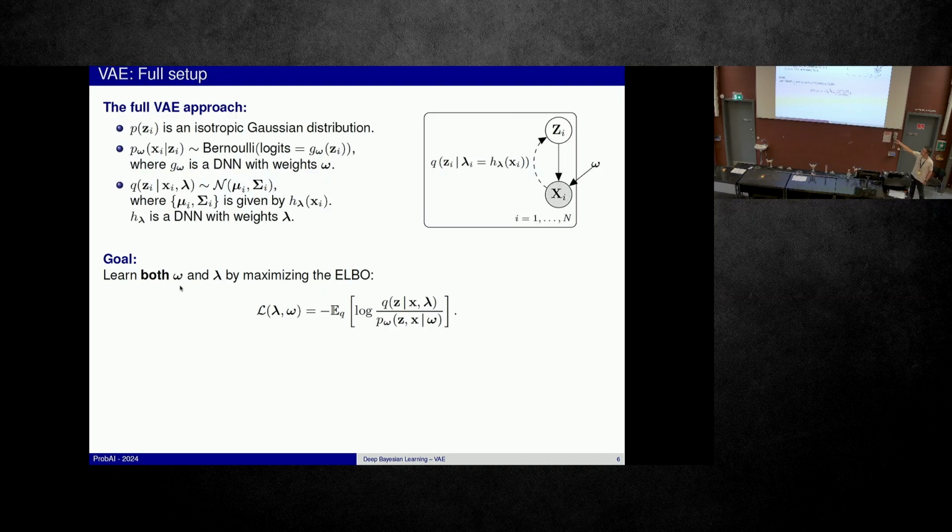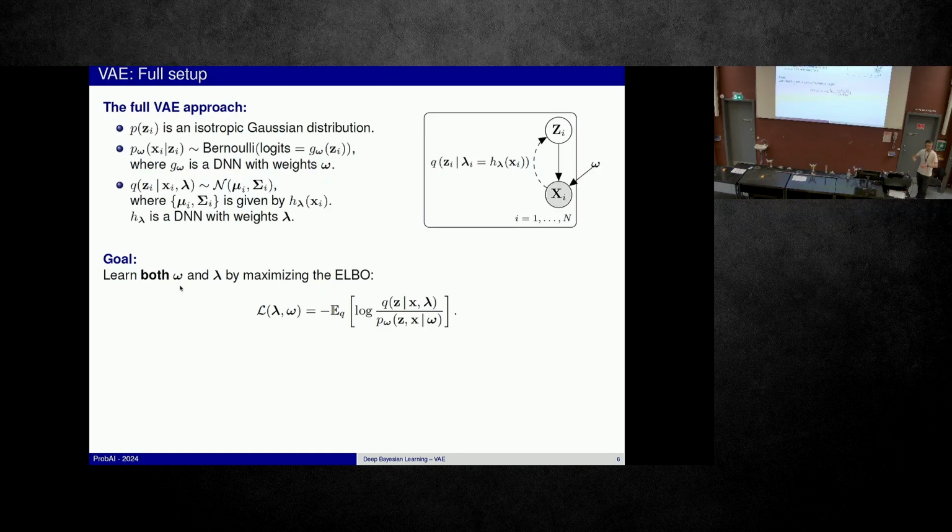And then we have a variational distribution that takes as input our data points and provides, in this case, a Gaussian distribution over our latent space, where the mean and the covariance matrix used to parameterize the distribution in the latent space are given by our encoder network h.